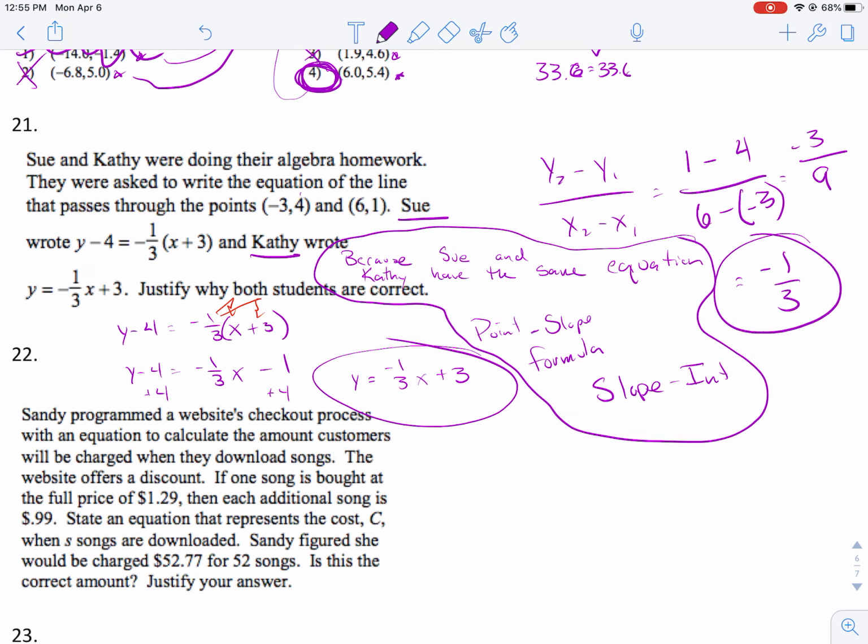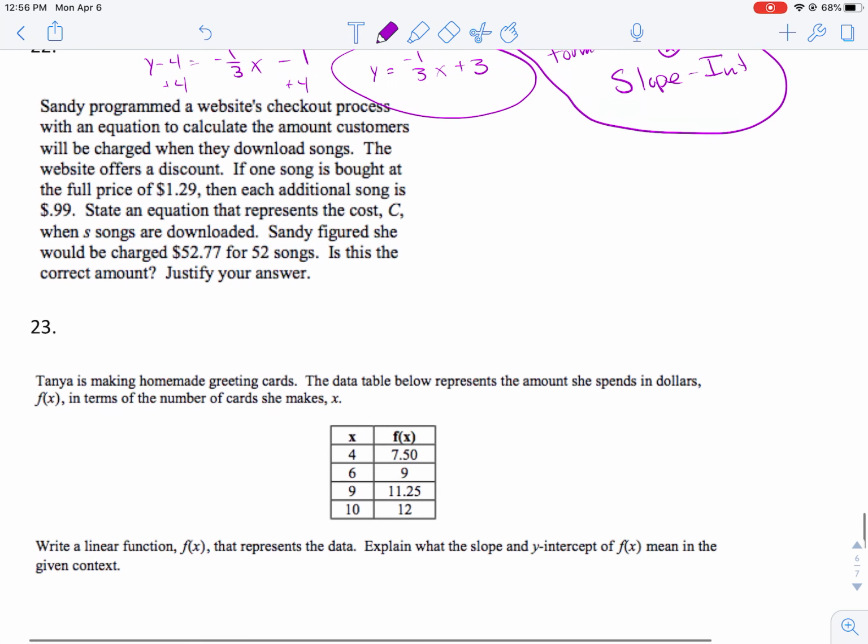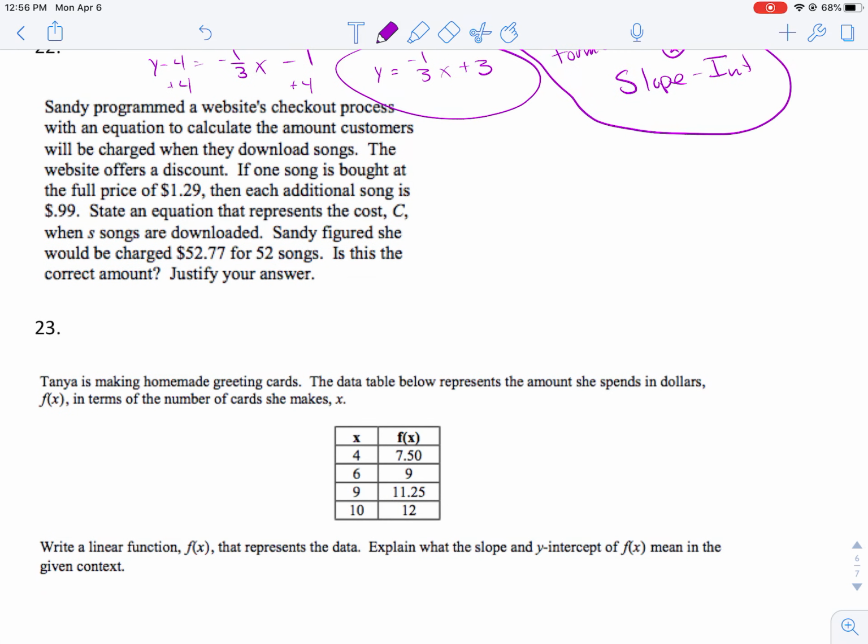One is in the point slope formula and the other is in the slope intercept form. And we just showed that Sue and Kathy have the same equation, and they got the correct slope. So we're good to go there. Because Sue and Kathy have the same equation, one is in point slope and the other is in slope intercept.